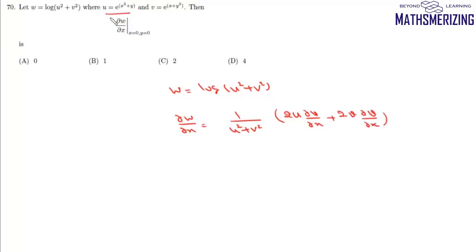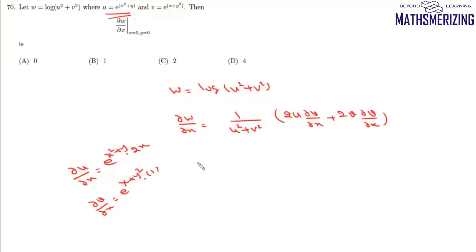Now u is e to the power x square plus y. So del u upon del x will be e to the power x square plus y into 2x, and del v upon del x will be e to the power x plus y square into 1.